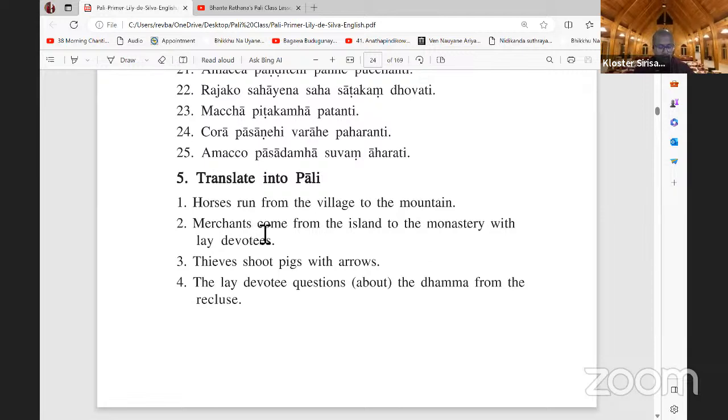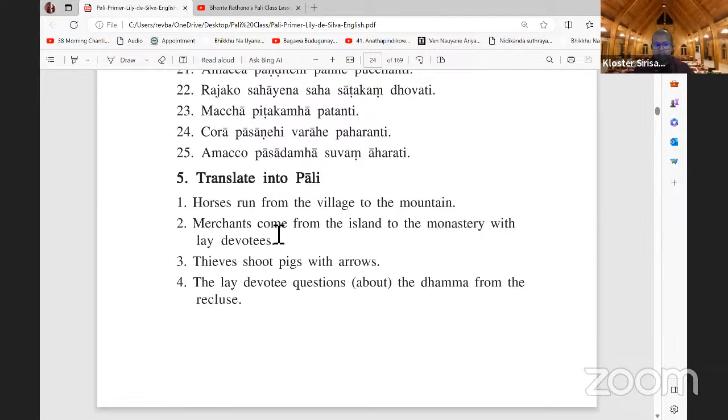And upasakehi sadding, with the lay devotees, they come after the subject, and then Deepamha, from the island, right? And Vihara, to the monastery, comes after that.